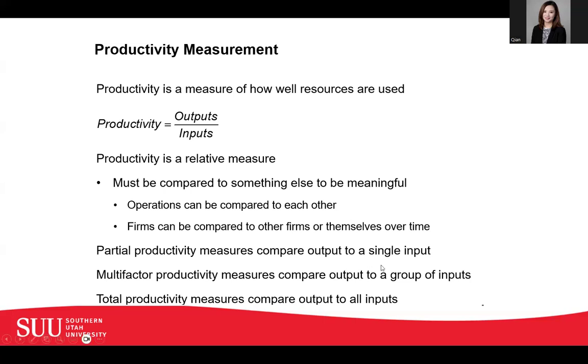Then we only consider a single input, and we compare the outputs to that single input. This is what we call partial productivity. Multi-factor productivity means we consider not all inputs, but a group of them. We consider both labor and materials, or both labor and capital. This is what we call multi-factor.